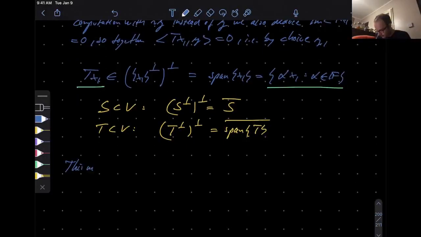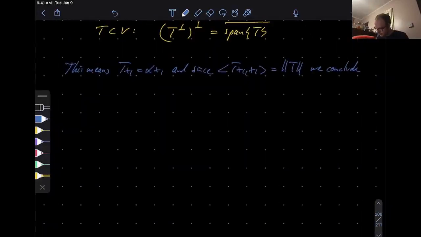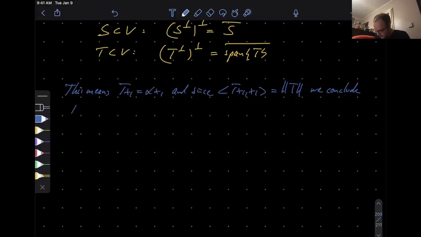So this means Tx1 is equal to alpha x1, and since ⟨Tx1, x1⟩ you already know is equal to the operator norm, you substitute the eigenvalue eigenvector equation into that inner product, you simplify, and you will find out that alpha is actually the operator norm of T. So we conclude Tx1 equals lambda 1 x1, with lambda 1 being the operator norm of T.